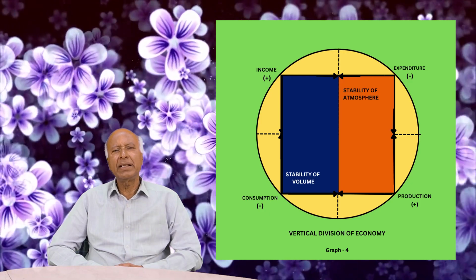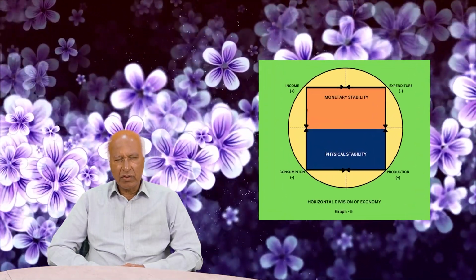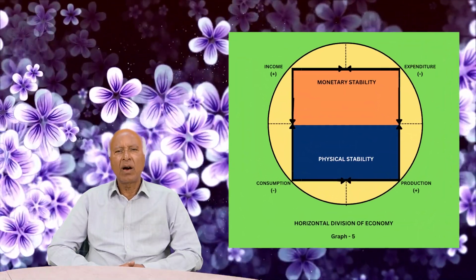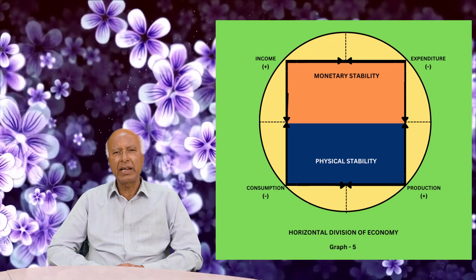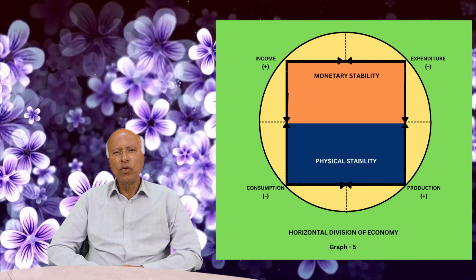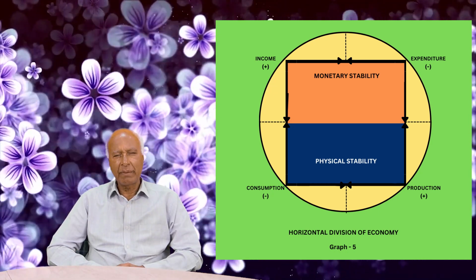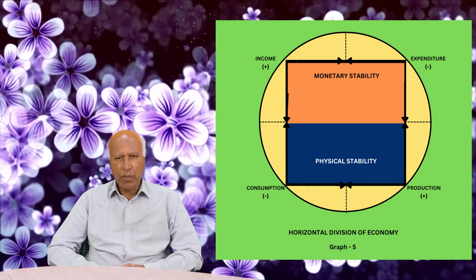So similarly, there can be a horizontal division of the ideal square, or the stability of economy square, in two parts. The lower part will represent two physical fundamental activities of consumption and production.